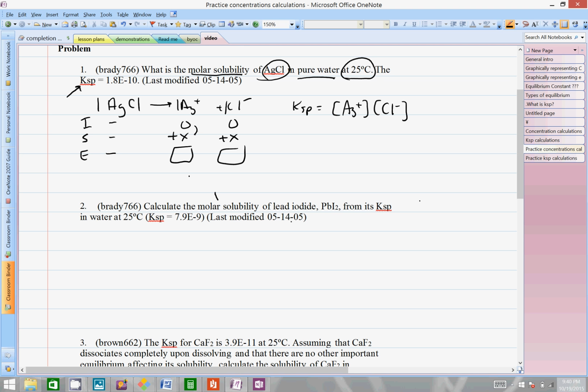Complete these two items together, and you get x and x. Again, right now we have zeros in there, but eventually we'll upgrade this to have something other than 0. So my Ksp, which is given right here at 1.8 e to the negative 10th, equals x times x, or x squared. Square root of 1.8 e to the negative 10th, and we get the x concentration.